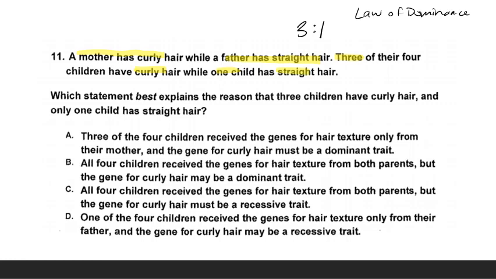And in this case, which trait is dominant? Is it the curly or is it the straight? Of course, it's going to be the curly over straight hair because that's what's matching our ratio here. So you're going to look in here and see what facts about inheritance you see for the dominant and recessive alleles for those hair types.